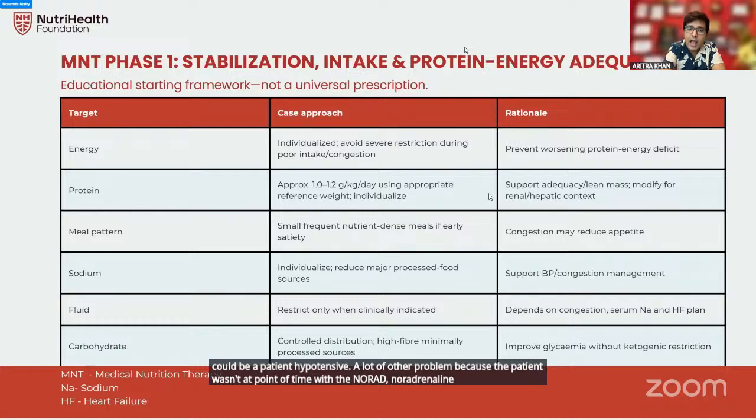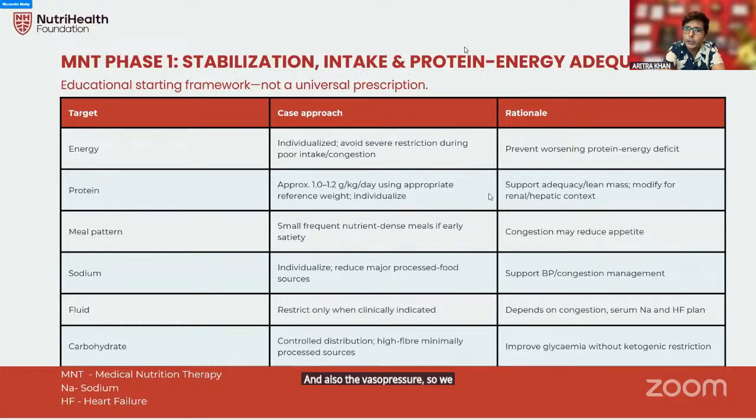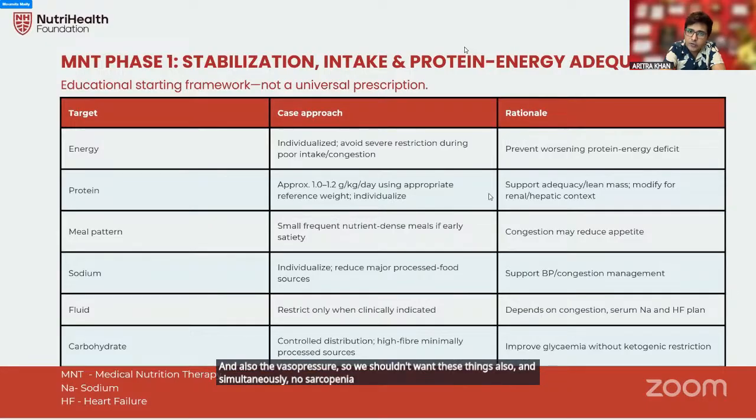So the protein is approximately 1 to 1.2 gram per kg per day using an appropriate reference weight, individualized, to support adequacy and lean mass, modified for the renal and hepatic context. Meal pattern: small, frequent, nutrient dense meals if there is early satiety, since congestion may reduce appetite.